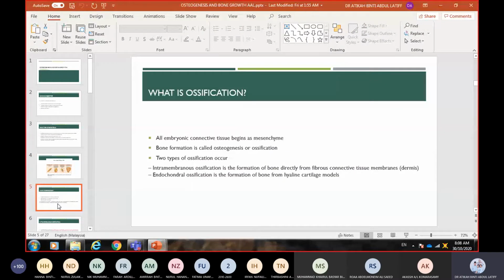Okay, so what is ossification? It's actually the process of bone formation. It is also called osteogenesis. So osteogenesis and ossification are the same. Okay, what are the two types of ossification? First, we have intramembranous ossification, which is the formation of bone directly from fibrous connective tissue membranes.